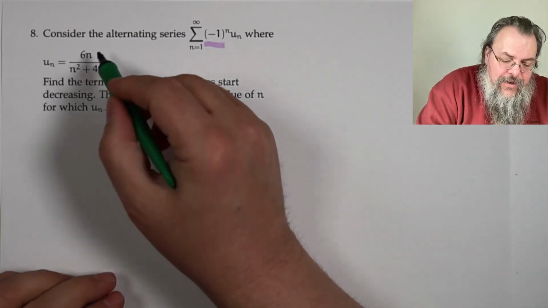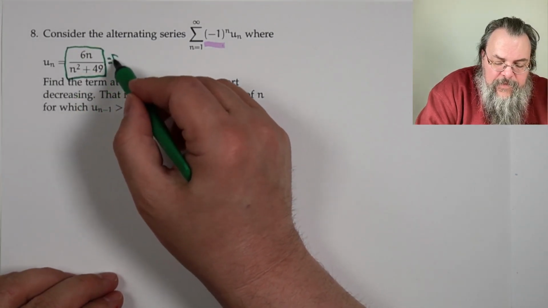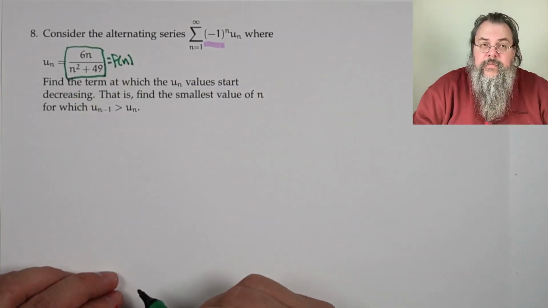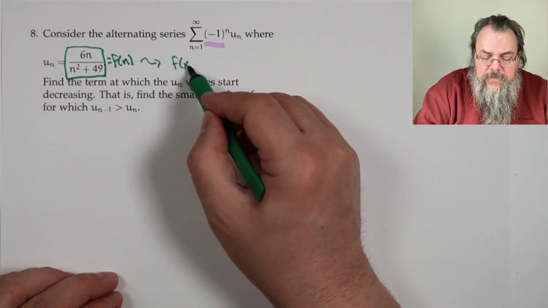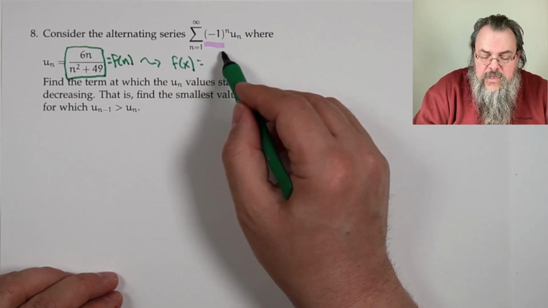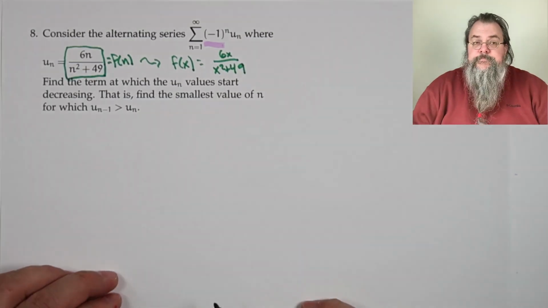We say, hey, let's think of this as our f of n. And so we say, well, let's think about our function f of x, which is 6x over x squared plus 49.